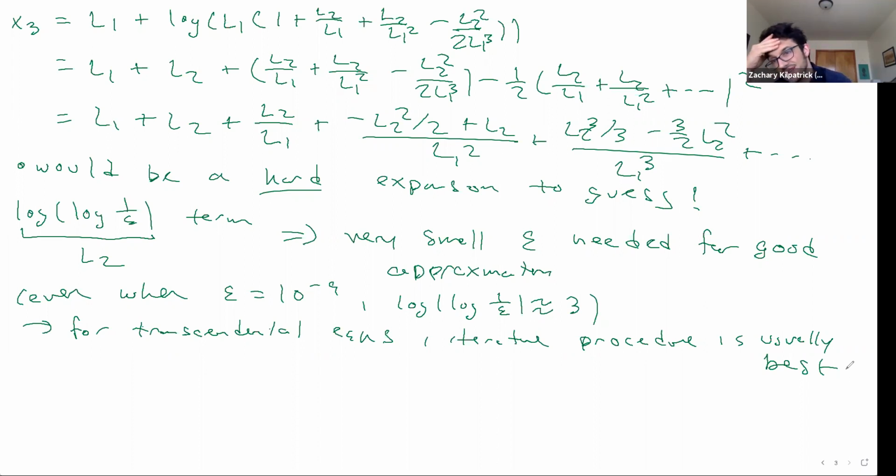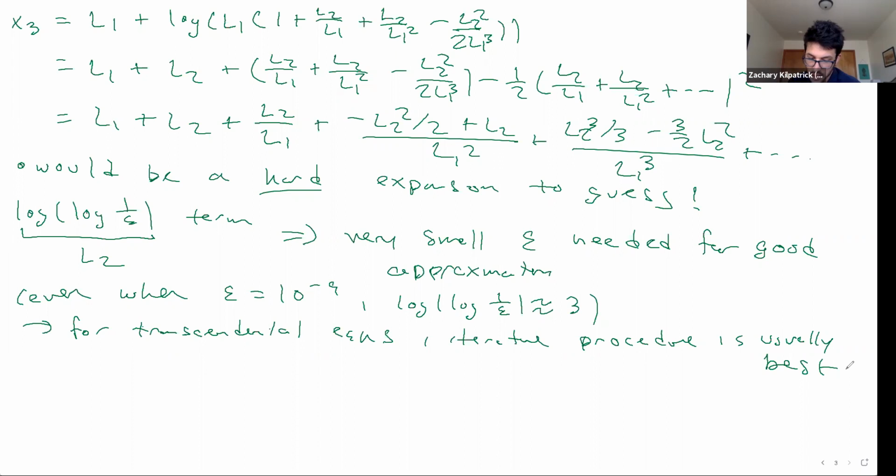But at the next step, you can separate things out into log of 1 over epsilon, which you had before, and log of 1 plus something else, which is small. And once you get to the log of 1 plus something small, then you can use a Taylor series. So, yep, that's the idea.